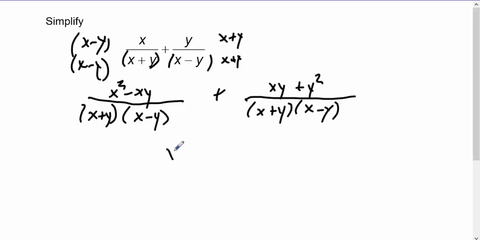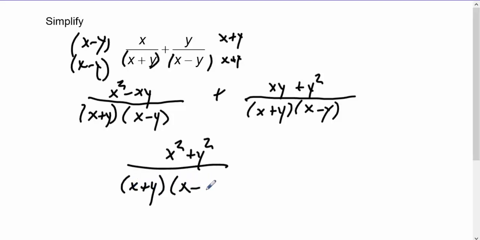Add the numerator, I get x squared plus y squared, which is not factorable, over x plus y, x minus y. Notice again, I may not reduce this because this is not the same as x plus y squared. Totally different. All right, this doesn't factor, so I'm done right here.